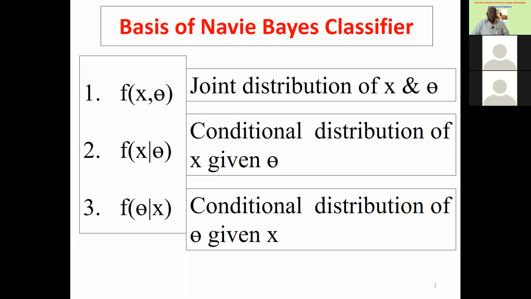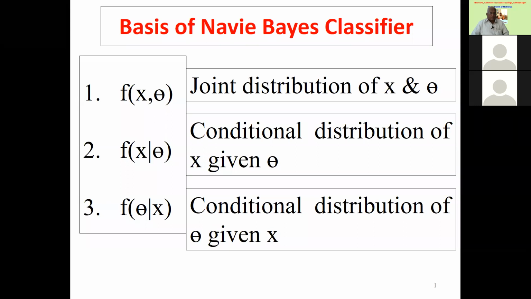So f of x given theta alternatively means the likelihood. It is the likelihood of x for given theta. As opposed to that, the third one is exactly the opposite notation: f of theta given x, conditional distribution of theta given x.